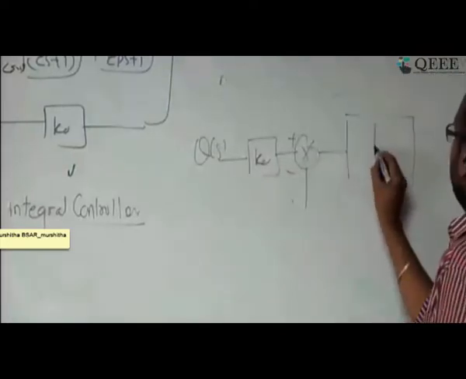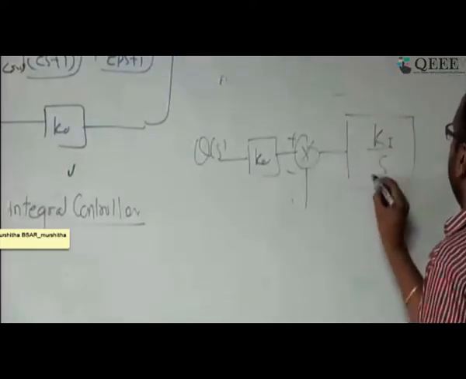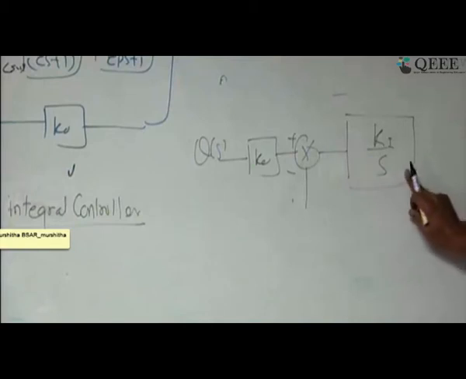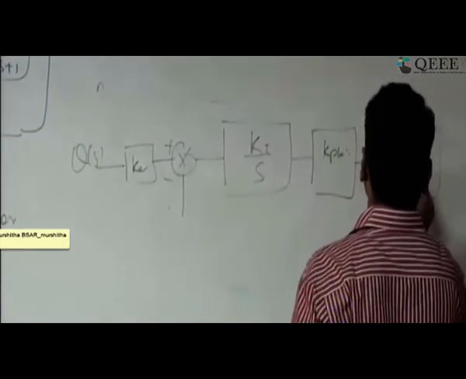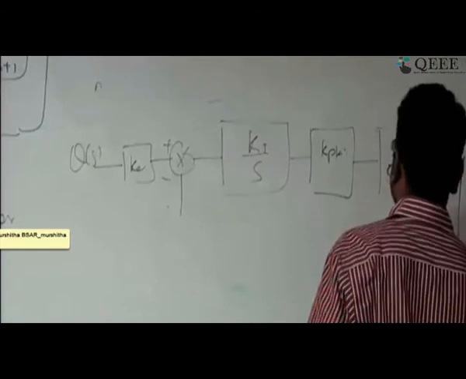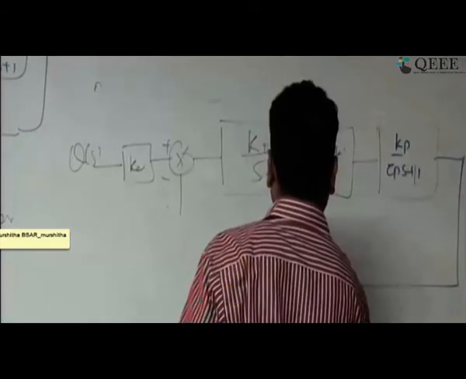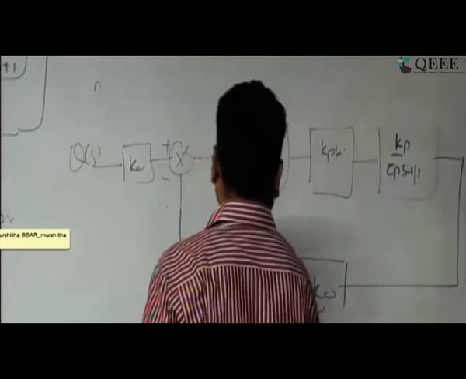Here the change is, please note, that I am adding a ki by s integral term. Let me understand the system with respect to this ki by s. Now whatever kp, kv, kx, all the terms will come, and this is my plant, kp by tau p s plus 1, and finally this is going to be k0. Correct?